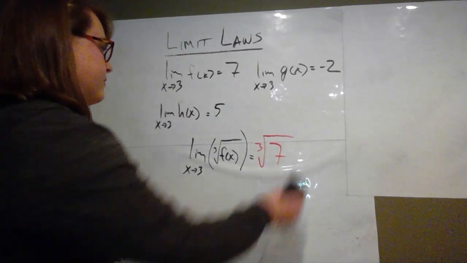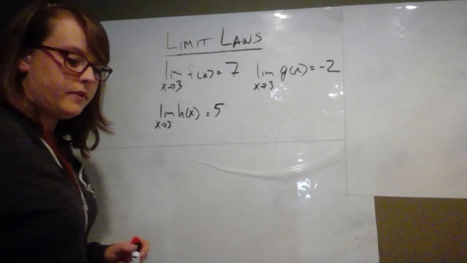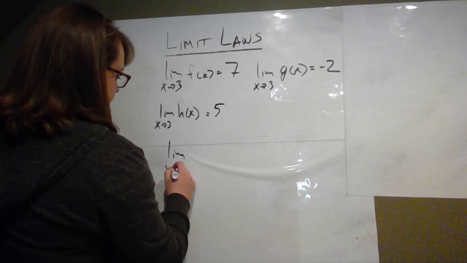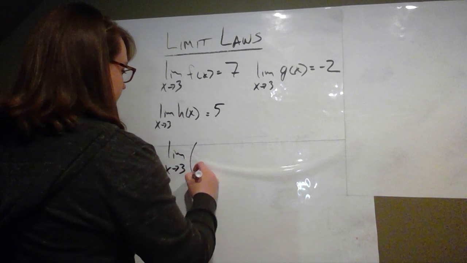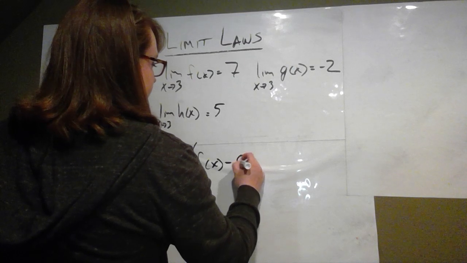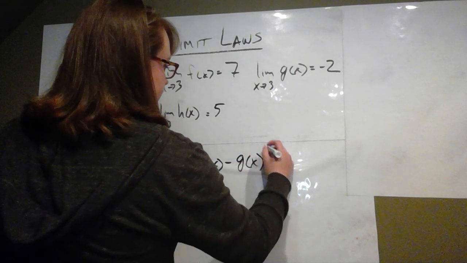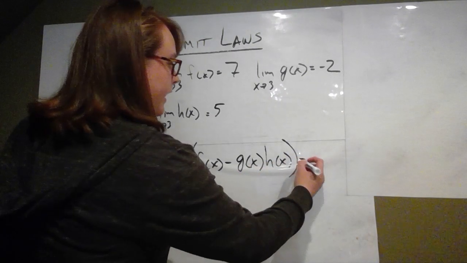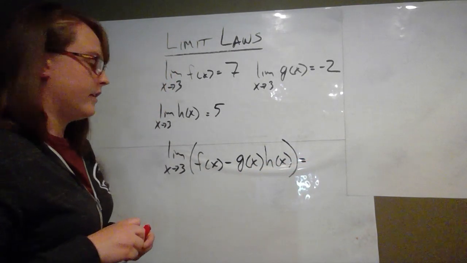Okay, last one. We're going to do the limit as x approaches 3 of f of x minus g of x times h of x. So we're putting a couple of these limit laws together here, and it works the way that you would think it would.